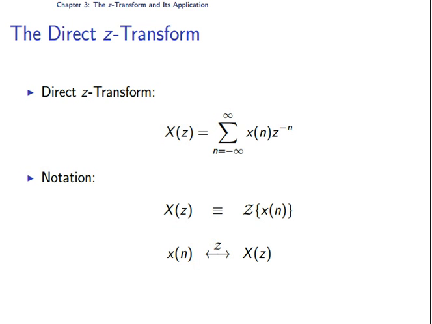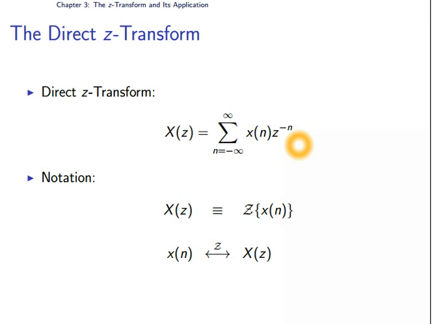Okay, now we will begin with the definition of the Z transform. The Z transform of a discrete time signal x of n is defined as a power series: X of z is equal to the summation of n from minus infinity to plus infinity of x of n times z raised to minus n, where z is a complex variable.